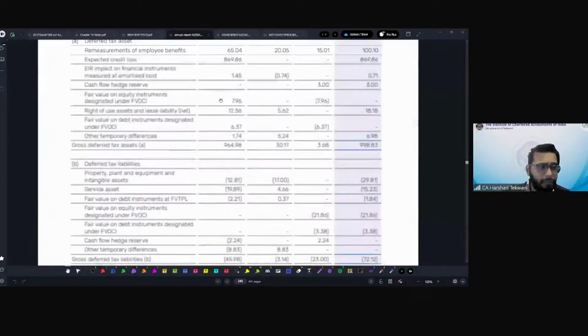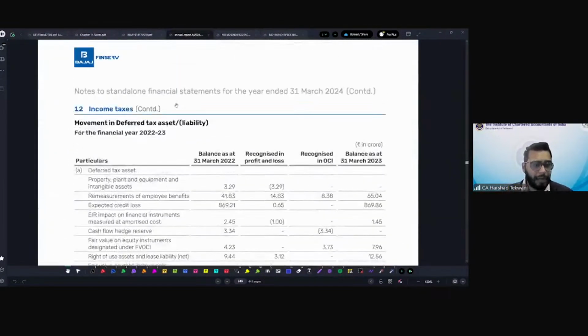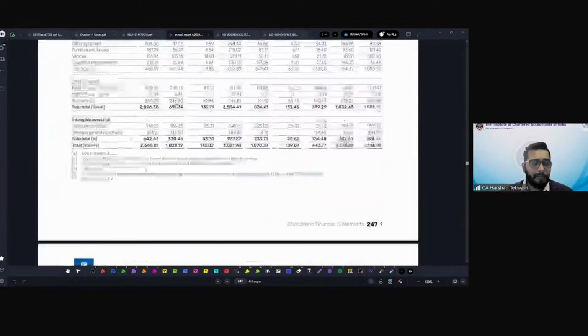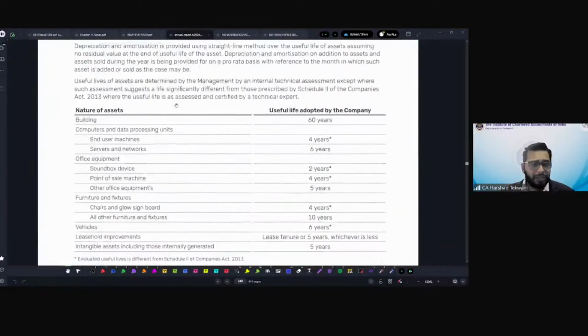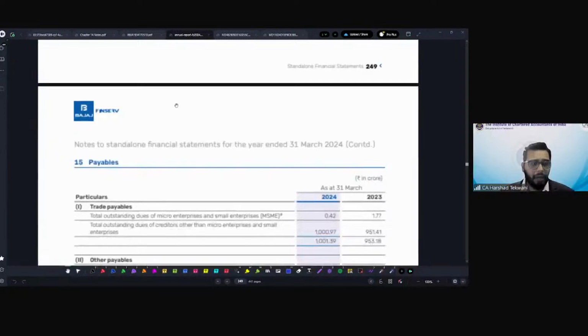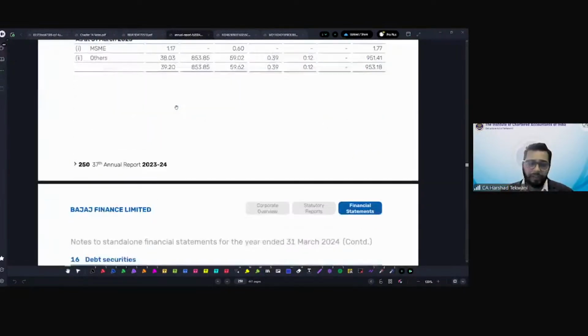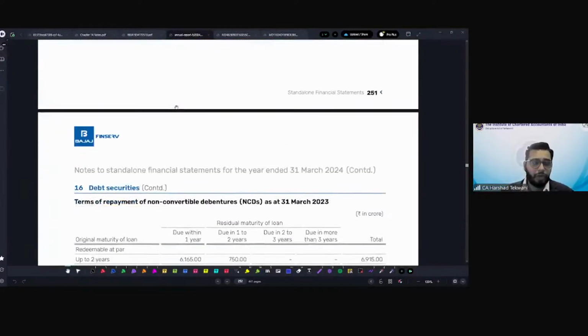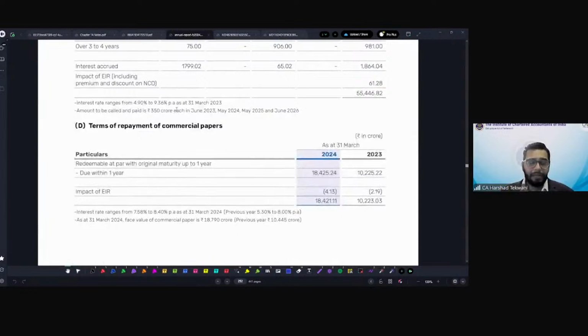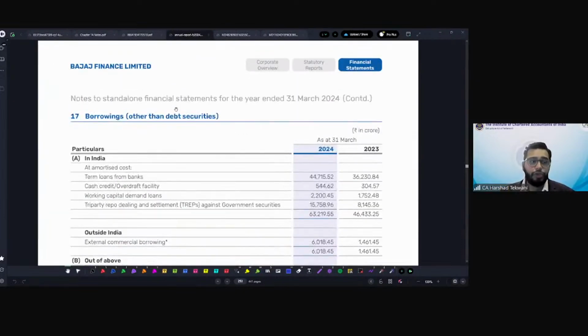I'll take you through some of the disclosures, and then we will discuss that if these disclosures are already there, then behind each and every disclosure there should be audit procedures to understand whether the presentation and disclosure is appropriate or not.